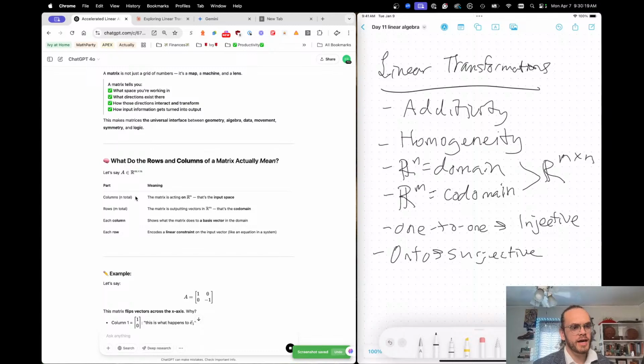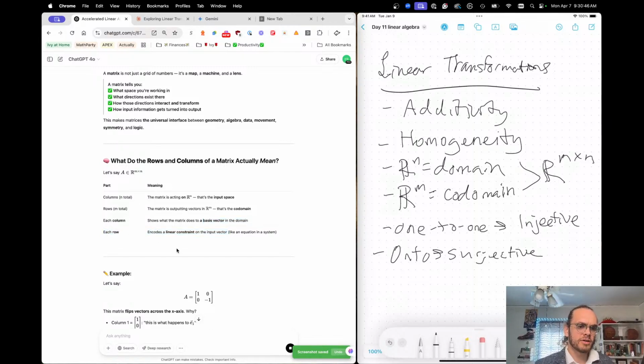What do the rows and columns of a matrix actually mean? Let's say that A is an element of the set of m by n matrices. The columns tell you the matrix is acting on this many inputs. That's the input space. The rows are outputting vectors in this space, the codomain. Each column shows what the matrix does to a basis vector in the domain.